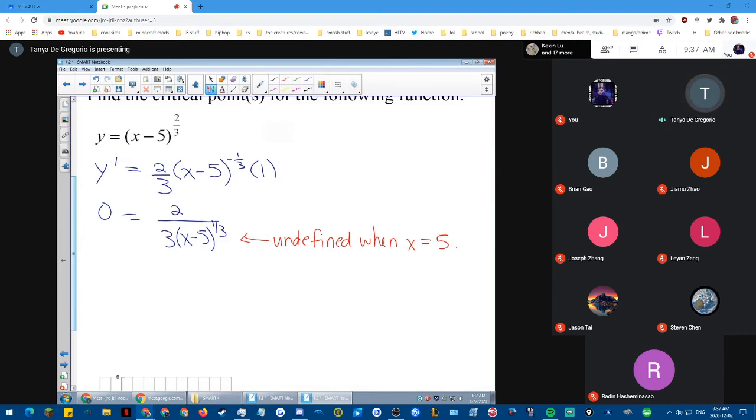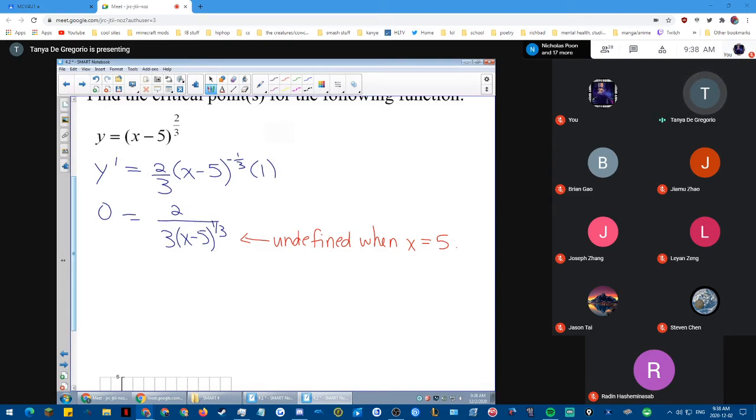In this case, what do you guys think? No, I don't. Does anyone know what this might be? I kind of talked to you guys a little bit about it. What would this be? Not a hole, because, good guess, but not a hole because we're not canceling anything out. Nothing to worry about.